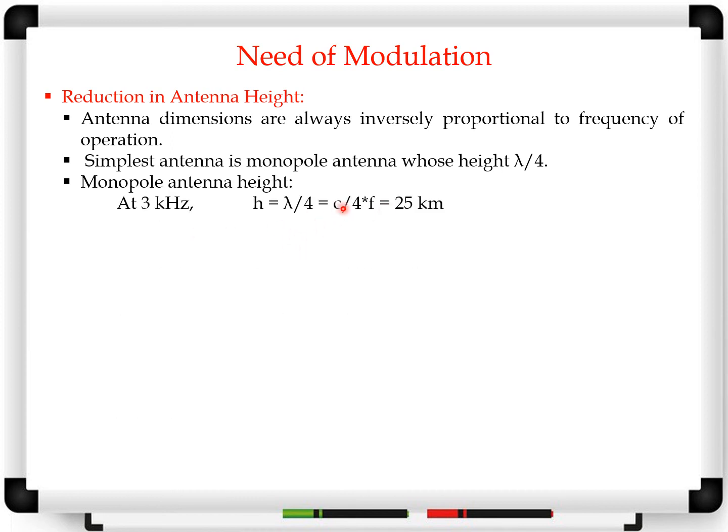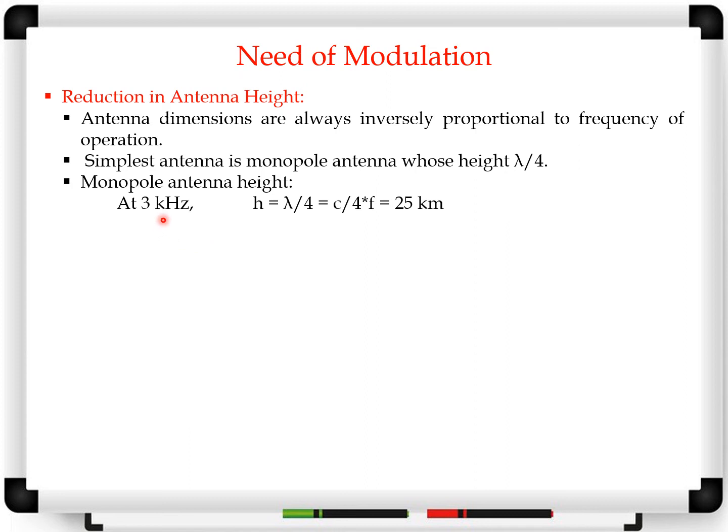Lambda is C divided by F, so lambda by 4 will be C divided by 4F. C is the velocity of light, or the electromagnetic wave in free space, and F is the frequency. If you put in the 3 kHz frequency and the value of C, you will get the height of the antenna at 3 kHz as 25 km.